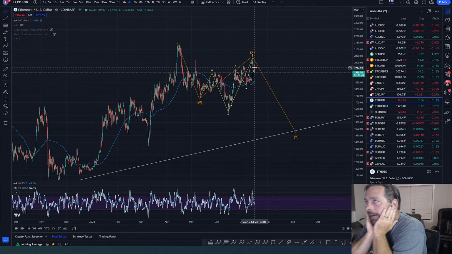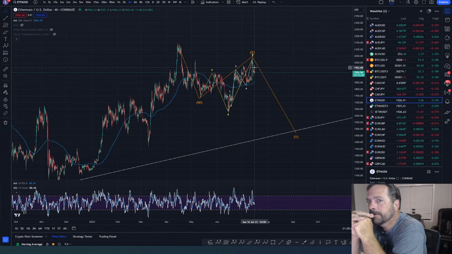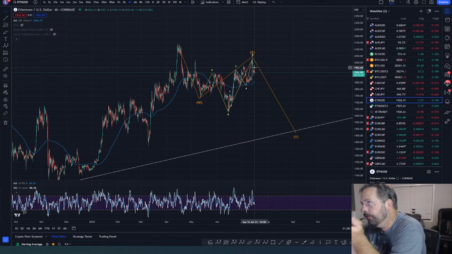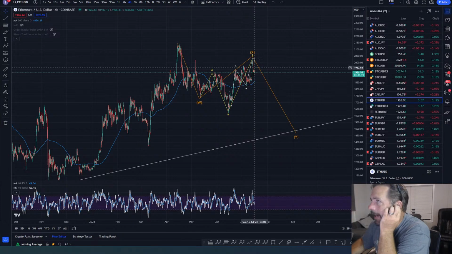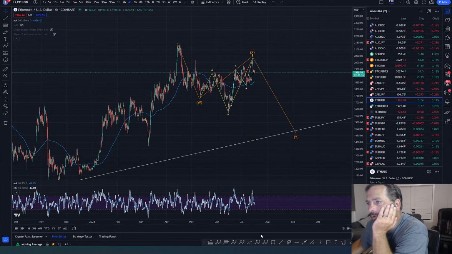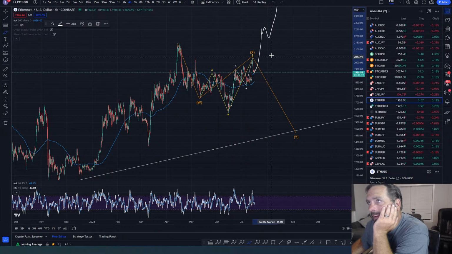And I'm not sure, guys. I'm really not. But if she starts pumping from here, I can get bullish. I can get more bullish. I can abandon this downward move. In order for me to lose it, I really just need to see this thing pump and pump hard, and keep going.